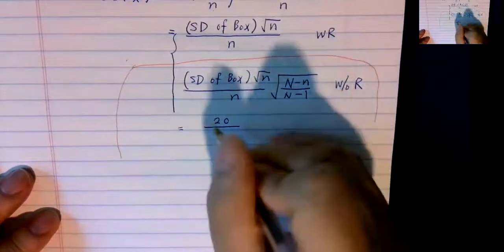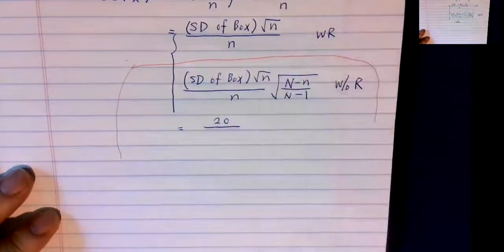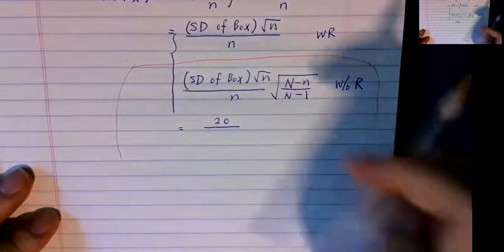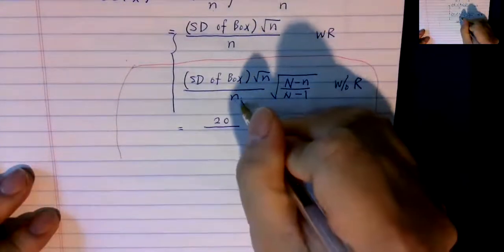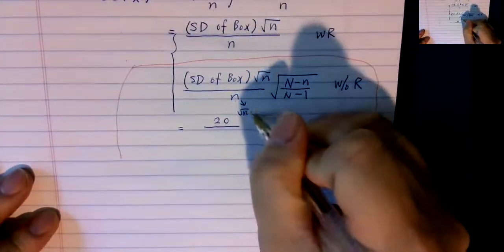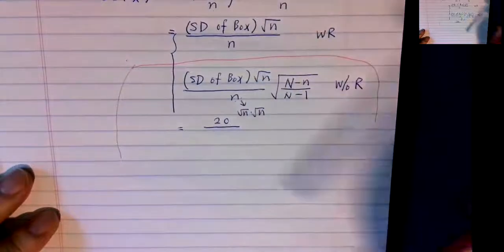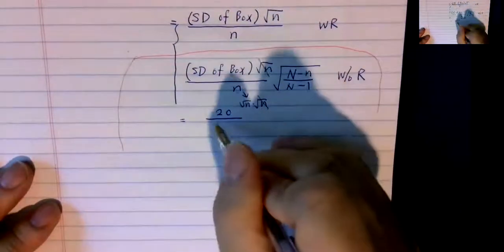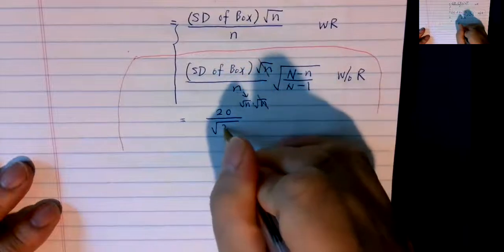And what's the sample size? Look here: this is square root n, this is n. N can be written as square root n times square root n. One cancellation, so this becomes square root n, where n is 30.